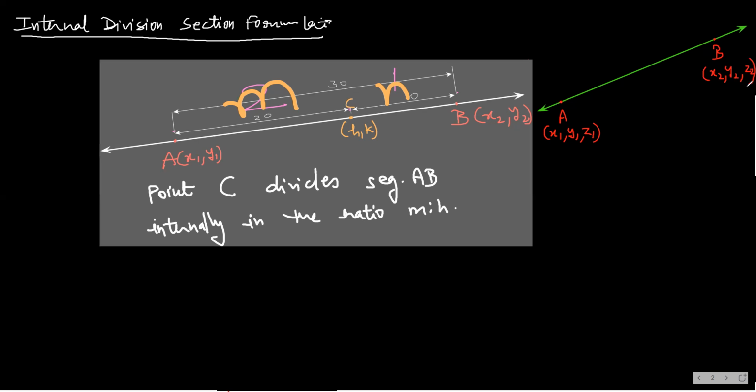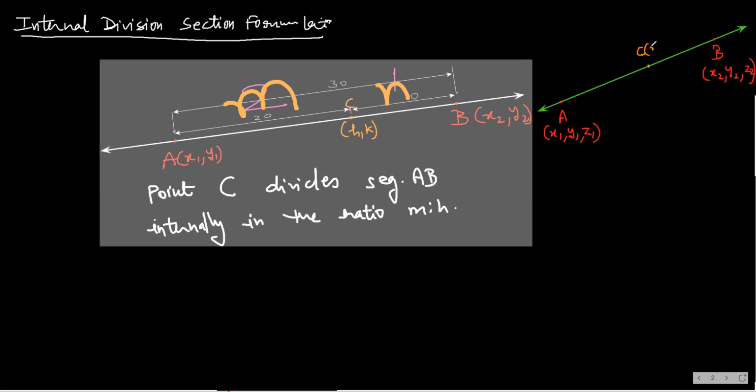Now there is a point C which divides segment AB. C is dividing segment AB internally. What are the coordinates of C? They are unknown. And as these 2 points have x1, y1, z1, x2, y2, z2, they have 3 coordinates.